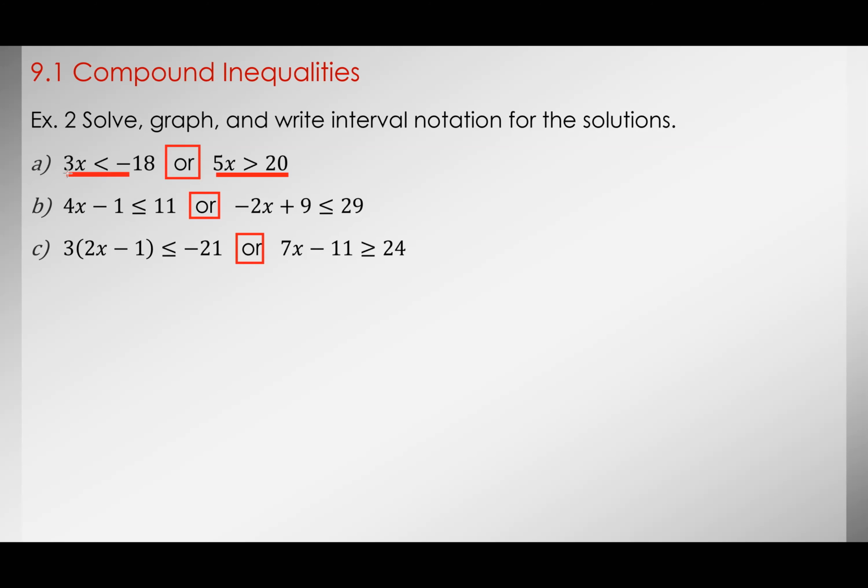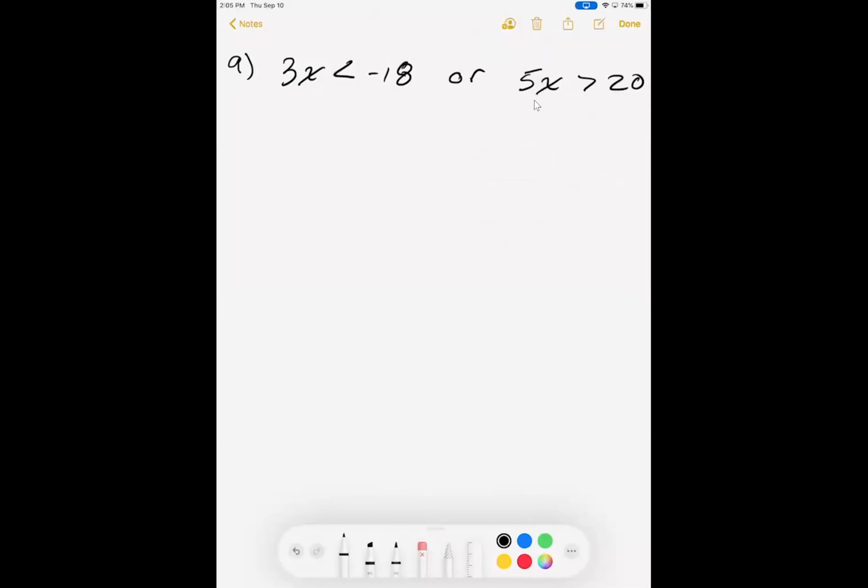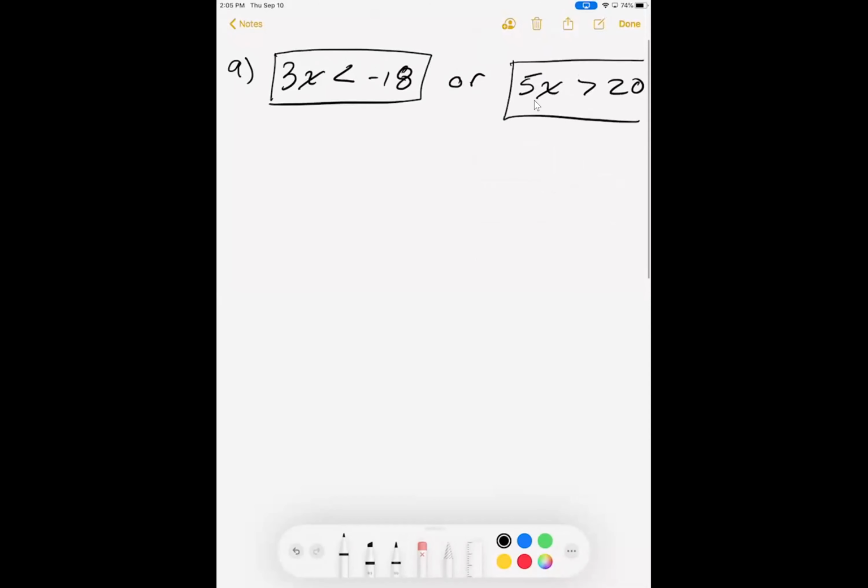In order for you to solve this problem, like I mentioned, we will treat this problem by itself and this problem by itself, okay?